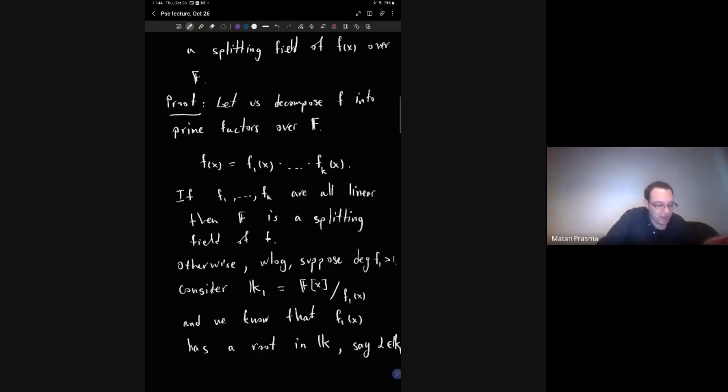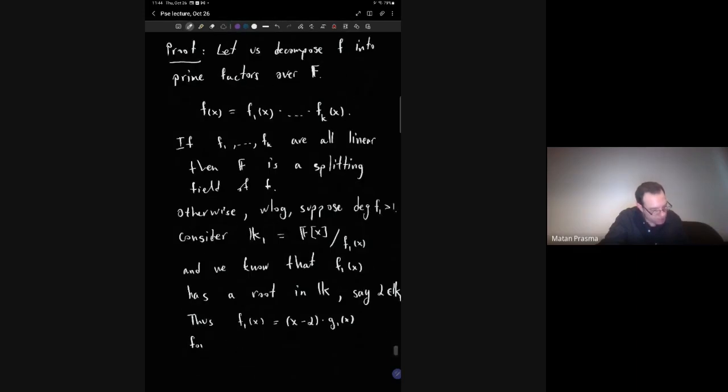Right? This is the meta trick we talked about before the break. This means that I can write f1 as x minus alpha times some g1(x) in K1[x].